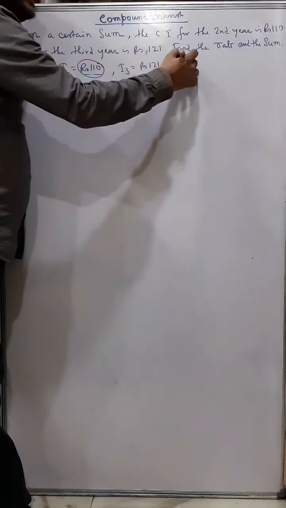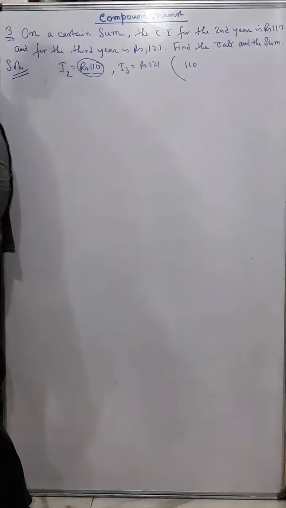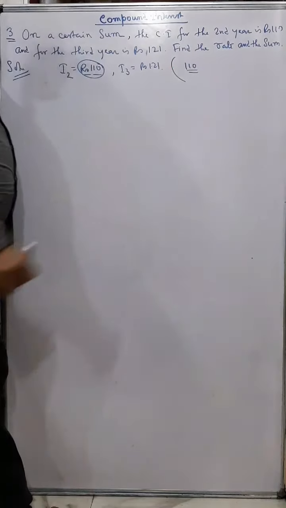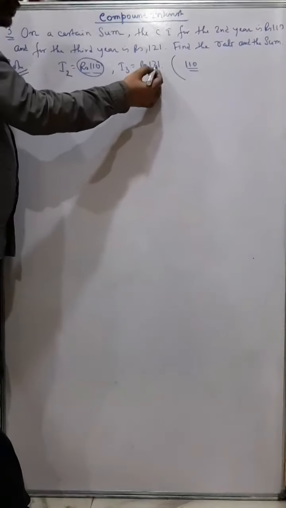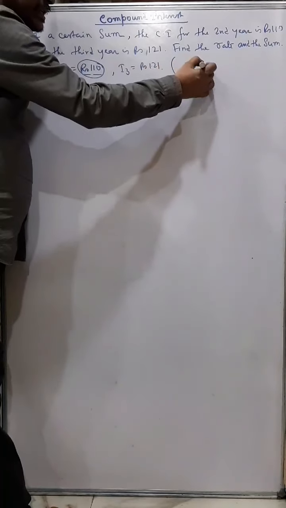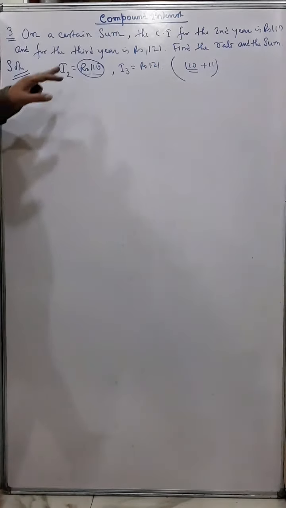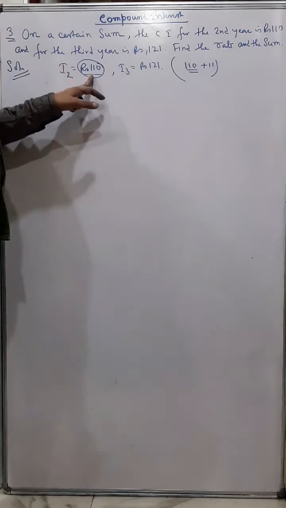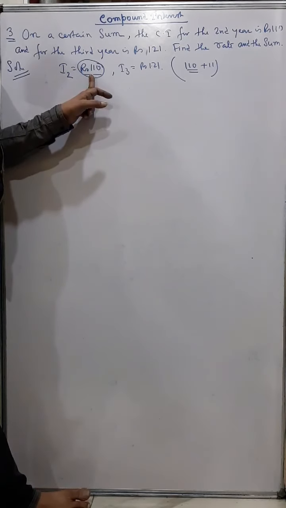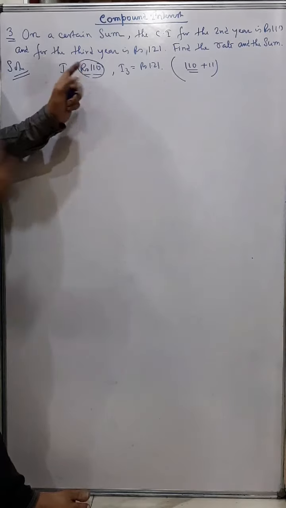Because last year's interest 110 will be taken plus interest on this rupees. So that is 110 plus 11 rupees. So second year we paid 110 rupees as interest. Third year how much will you pay? Third year we will pay 110 plus interest on interest, 11 rupees we are getting.